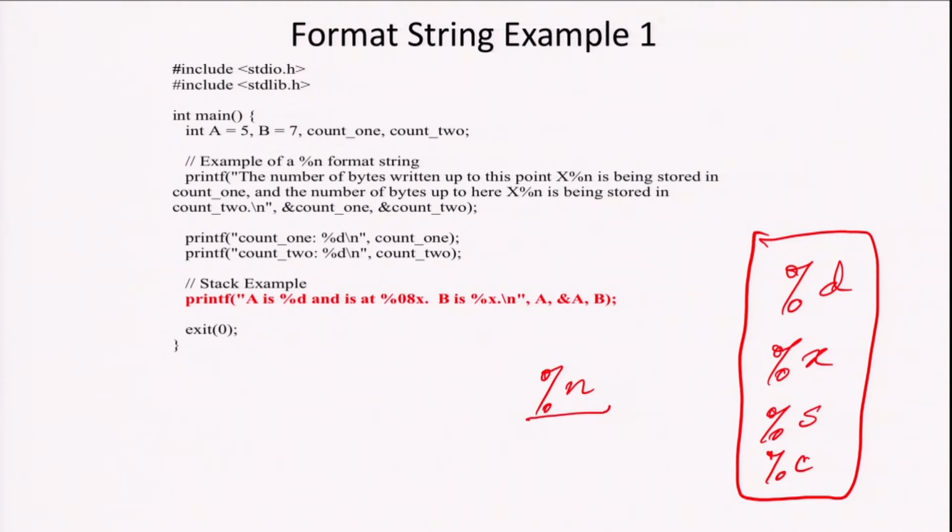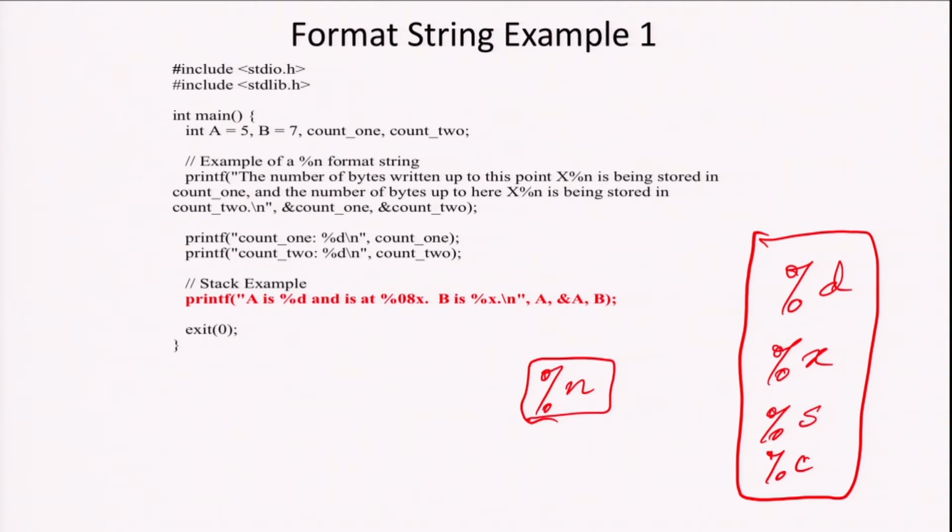What %n does is that wherever you put %n, it takes the value of the number of characters written thus far. For example, in this printf, it says the number of bytes written up to this point, then %n will count the number of bytes written until this point, and that value will be stored.